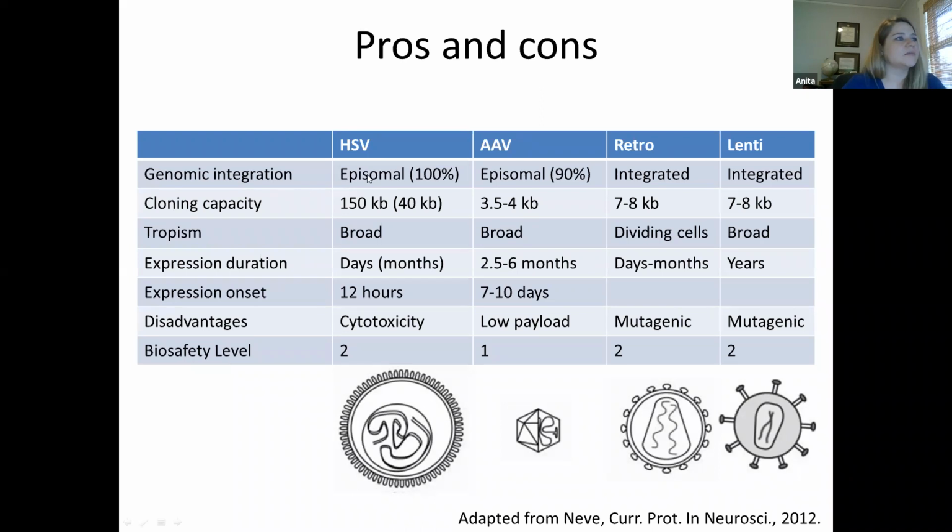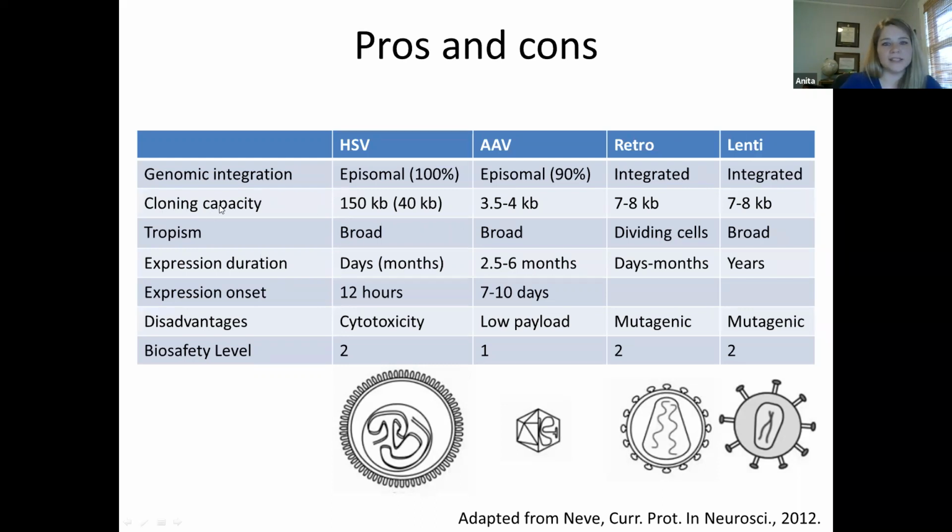In fact, HSV is always episomal. AAV has been mutated so that it mostly remains episomal, even though the wild type can integrate, but only when it's in the presence of other factors, which I'll talk about. Retro and lentiviruses have been derived from HIV viruses. These integrate because they're retroviruses.